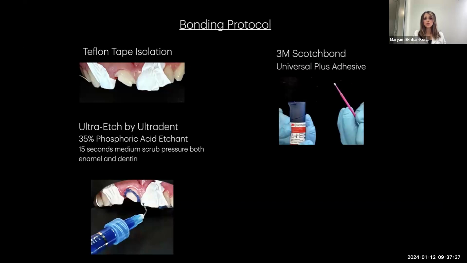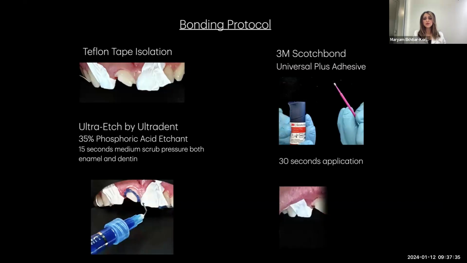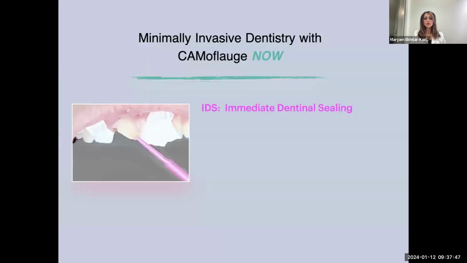From there, I use 3M Scotchbond Universal Plus adhesive. It has a 30-second application where you massage the adhesive into the dentinal tubules as well as the enamel, and then subsequently dry with HVE and light cure.